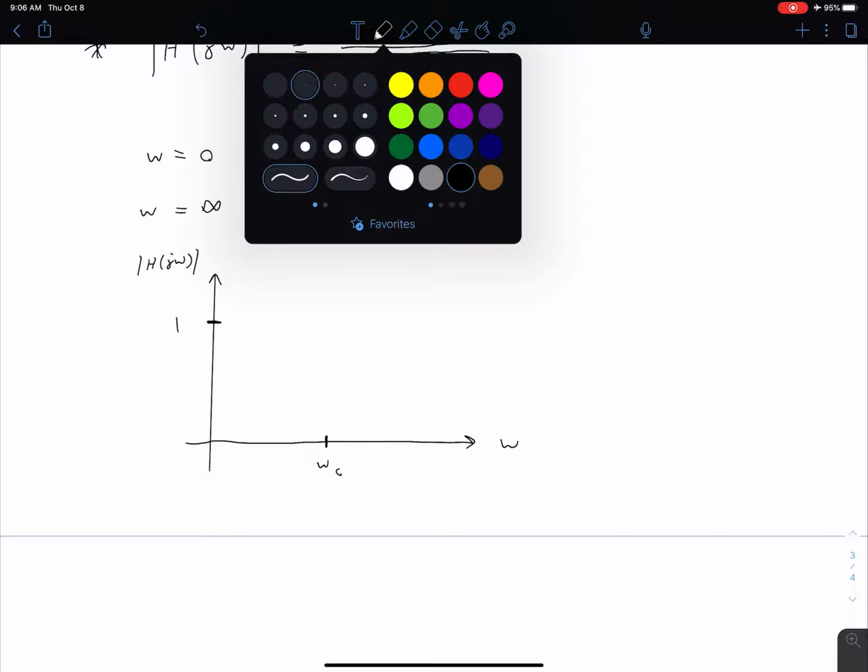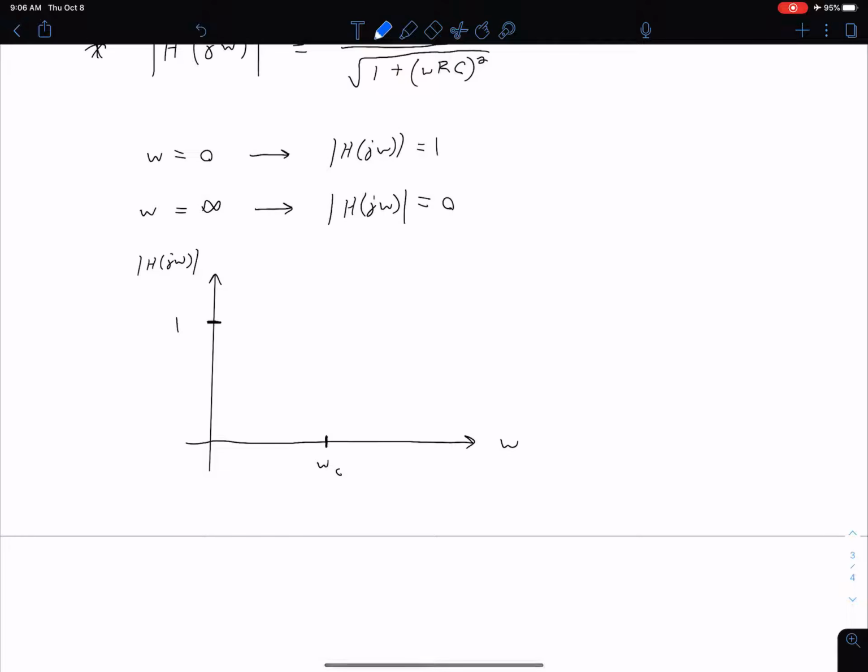Let's do our ideal in blue again. Ideally it's just going to pass the signal, and then immediately at omega c it's going to stop passing signal. So we get something that looks like this. Again, let me just make a note: this is for our ideal case that we saw before.